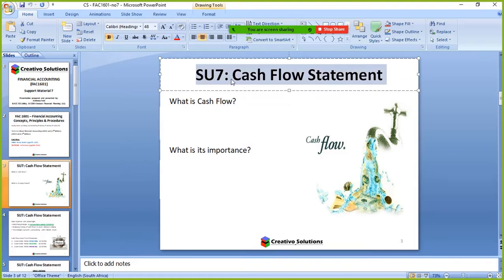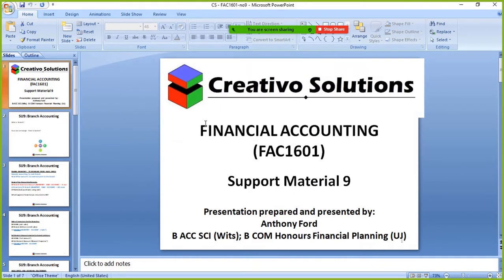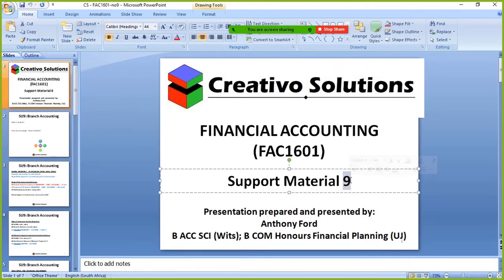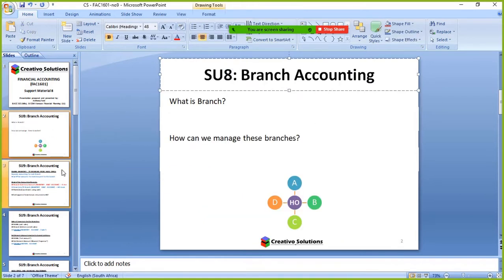Study unit 8, which is branches, and then the last one in your study guide, which is the cash flows. I'm going to renumber these to be in line with the newer version of the module. So this is support material 8 now, and this would be branch accounting, which is study unit 8.